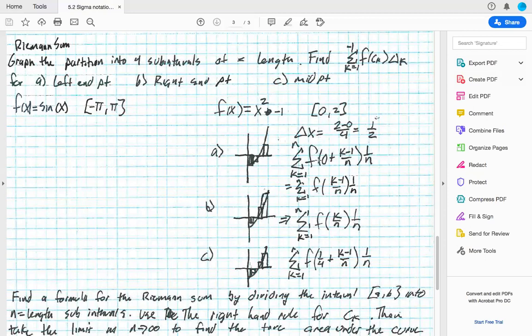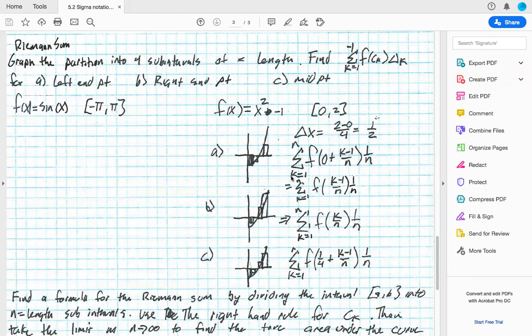So when we do this, we're going to have to plug this in, and because we want this to evaluate at 0, we have to move some things around. And this is going to be true for all of them. So what I want you to look at here is this. If we want this to be at 0, we know we're going to add a little delta x to the start.